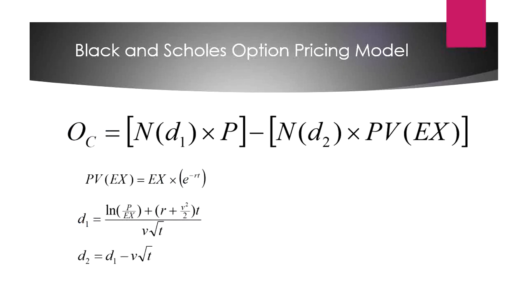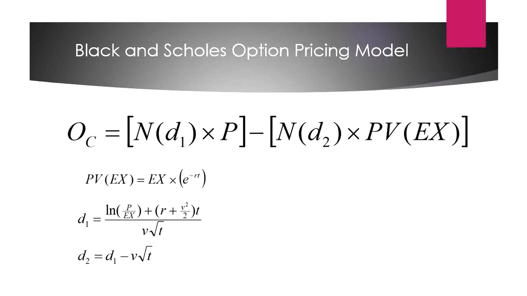For the inputs to the Black and Scholes formula, we need to find the present value of the exercise price, which is equivalent to the exercise price times e to the power minus RT, which is continuous compounding.